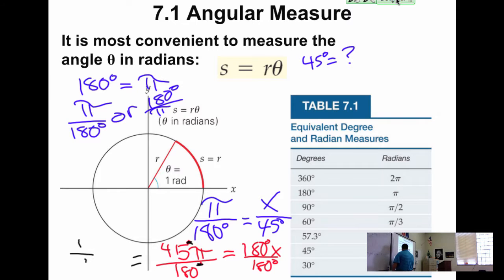So I've got 1 over 4 times pi, or pi over 4. Does that make sense? You want to write this down in your notes, okay? Because you're going to do that for homework problems. All right? I'll give you guys a second to do that.